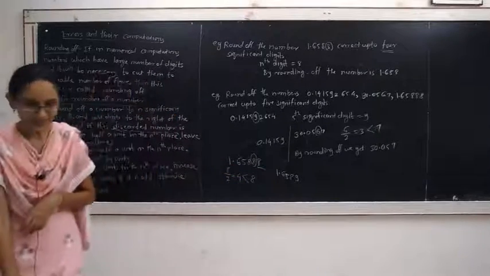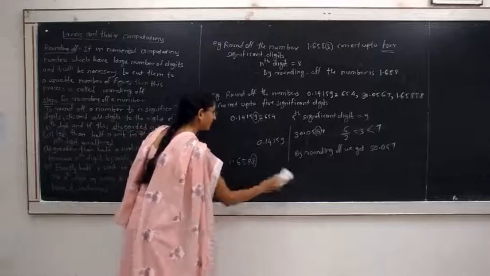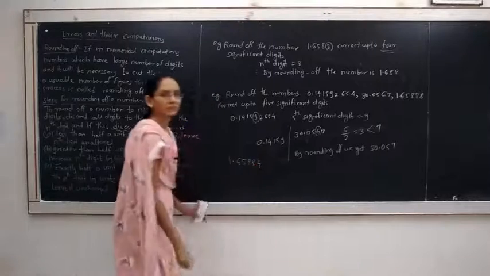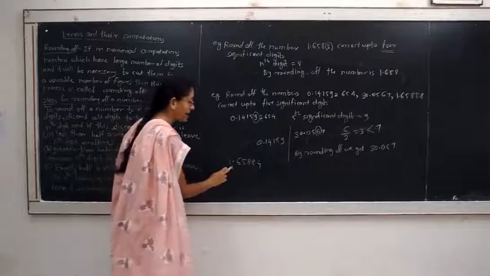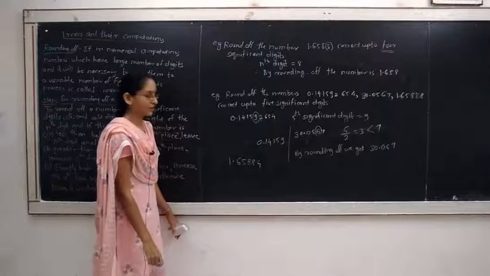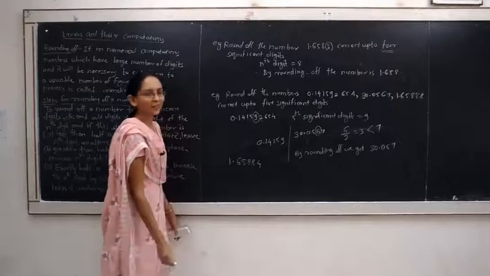If this figure is like this, and the discarded number is 4, then again this number consists of 6 significant digits and we have to round off this number correct up to 5 significant digits.